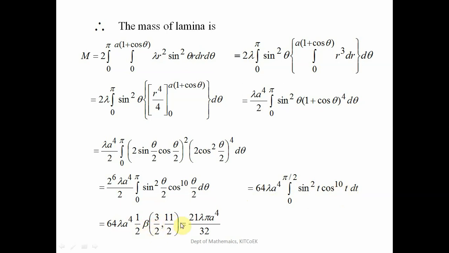And then if we express it in terms of gamma function and simplify, we will get the value 21 lambda pi a raised to 4 upon 32, which is the total mass of that given cardioid.